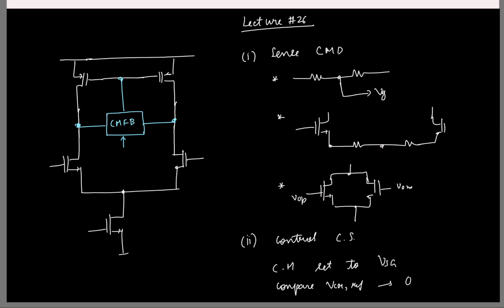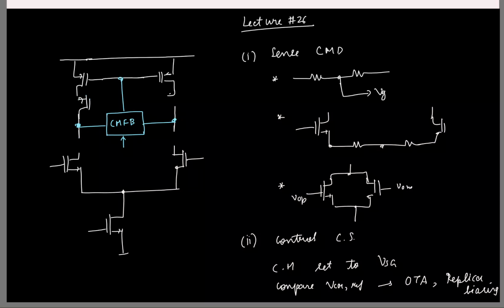For this, we could either use a separate OTA, or, as in the last class, replica biasing. Although I have shown this only for this simple diff amp, even if there is a cascode, the idea is the same.